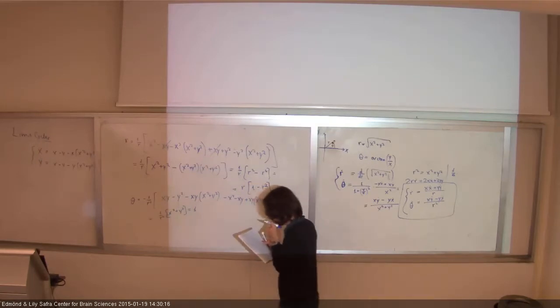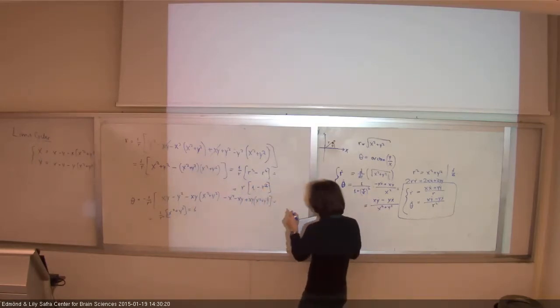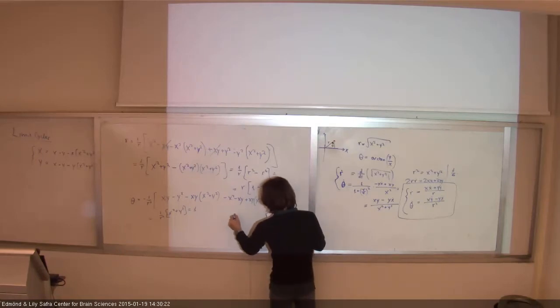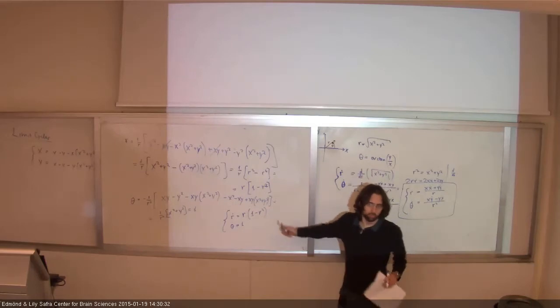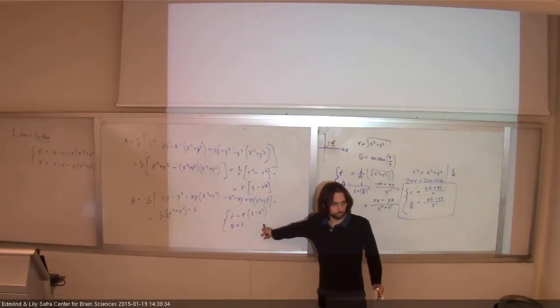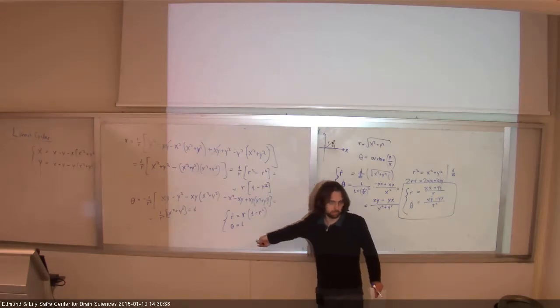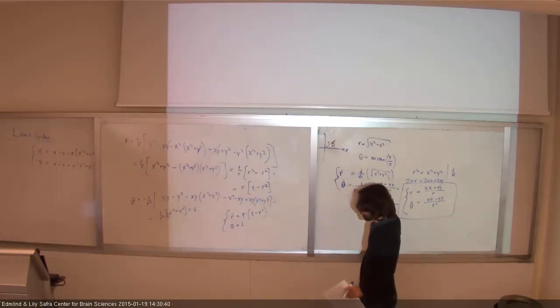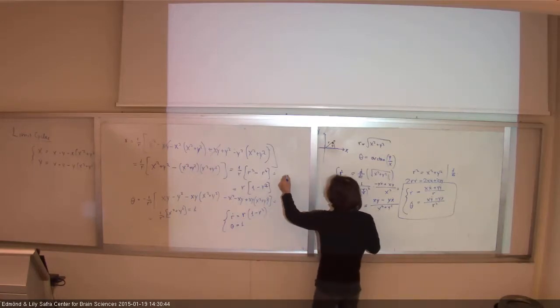Okay, equals plus 1. So our system written in the new coordinate system looks like this. Now, these equations are uncoupled. There is no theta in the r equation, and no r in the theta equation. And this is a system we already know, right?